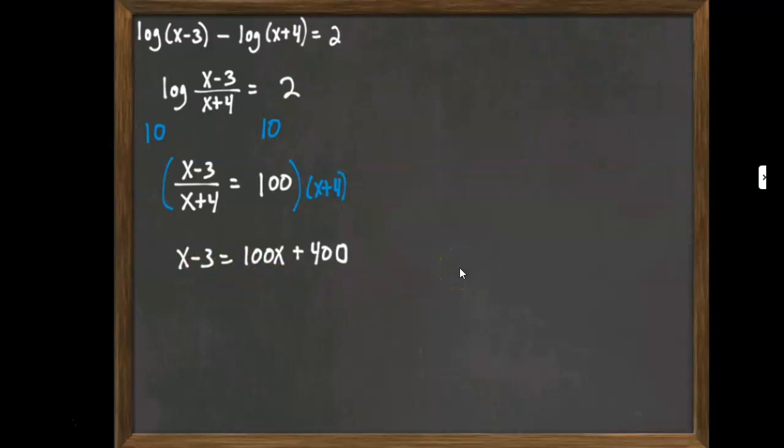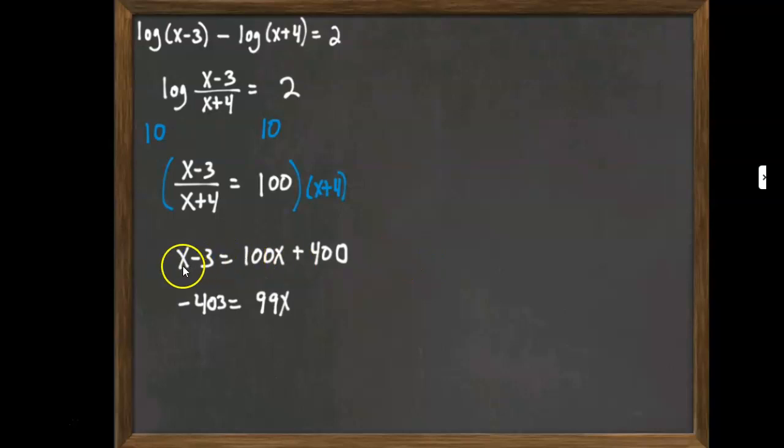And so now we just need to get x by itself. So we need the variable to go onto one side, and we need the number terms to go to the other side. And so we do that. I chose here to bring the 400 to the other side. Gives me negative 403.